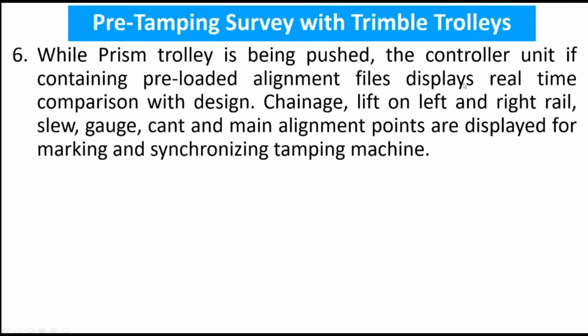Now if the design alignment is also available, then the controller placed on the prism trolley displays the difference between the designed alignment and the existing alignment, which will be useful in the second round of tamping or third round of tamping. Every time we have to pick up the center line coordinates.